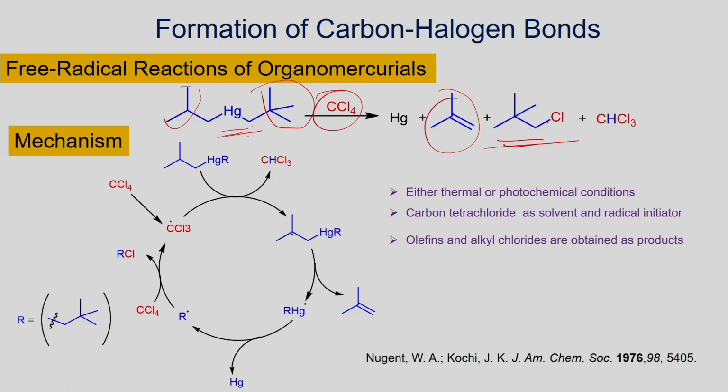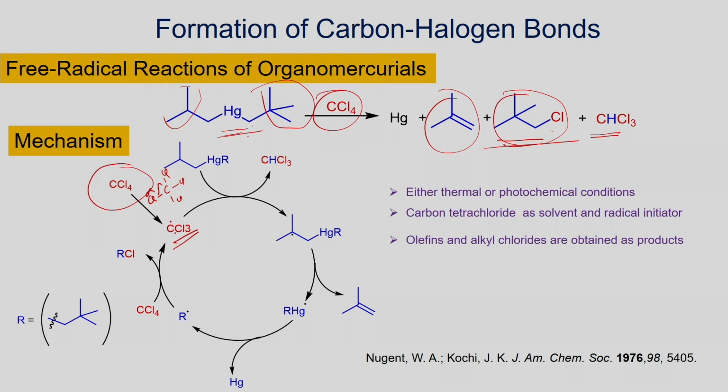This one undergoes halogenation, and you get this alkyl chloride, where you generate chloroform as the byproduct, and you can see the reaction mechanism shown here. The carbon tetrachloride can undergo homolytic cleavage, and you generate this radical.